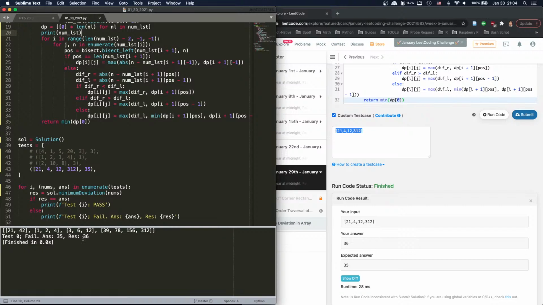So the result is 35, but I got 36. Let's see. So 21, 4, and then 12, and then 39. 39 minus 4 is 35. How come I got 36?